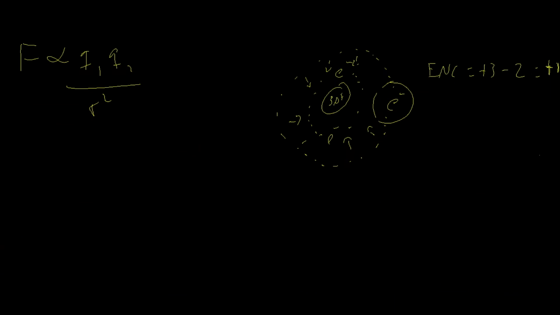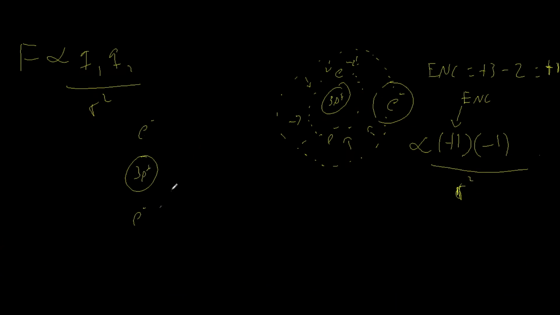So, if we wanted to use our proportion here, Q1 would be positive 1, in this case the actual effective nuclear charge, and then Q2 would just be 1 electron, so negative 1, over R squared. Now, how does effective nuclear charge change? Let's do a similar example where we have 3 protons, but this time just 2 electrons.